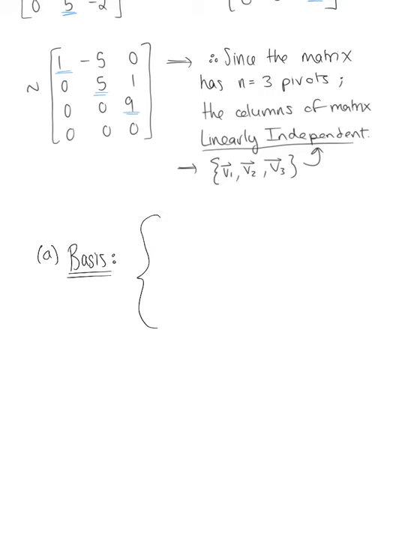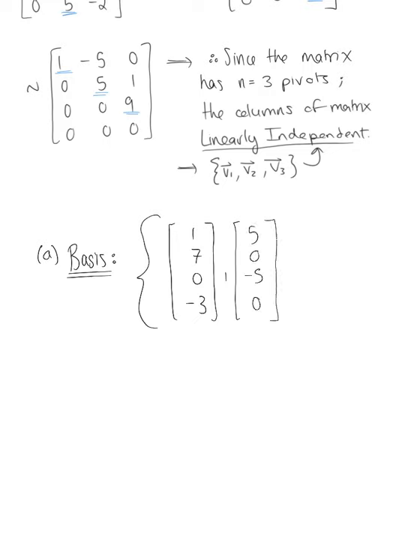So again, if we go back to the beginning, we had v sub 1 defined as 1, 7, 0, -3. V sub 2 was defined as 5, 0, -5, 0. And v sub 3 was defined as the vector 0, 7, 8, 6. So here is the basis for our subspace.